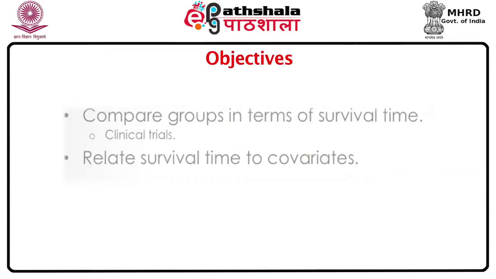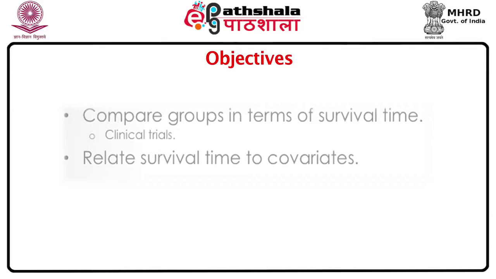What kind of problems do we consider in survival analysis? Well, one very common area where survival analysis is used is clinical trials. This means that we are comparing, for example, survival, that is time to death, for two groups which are on two different kinds of medications.